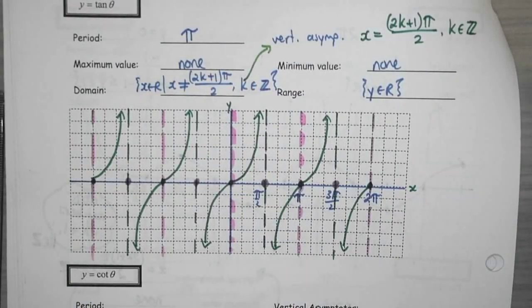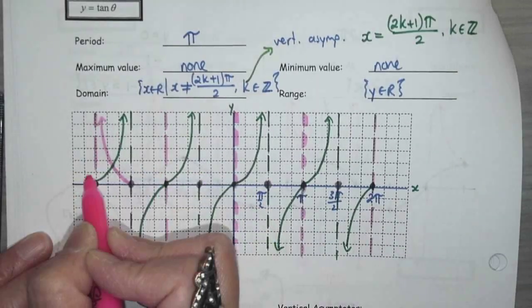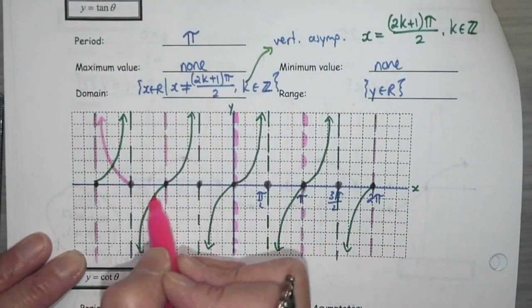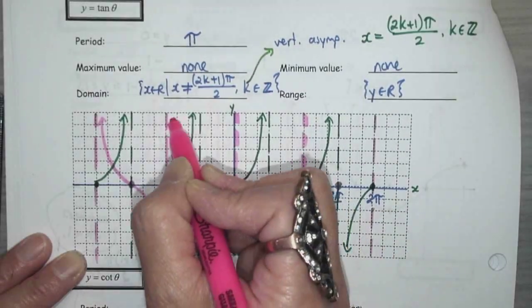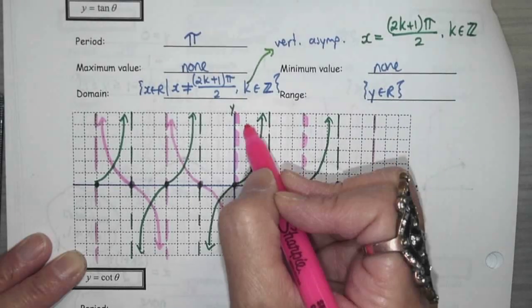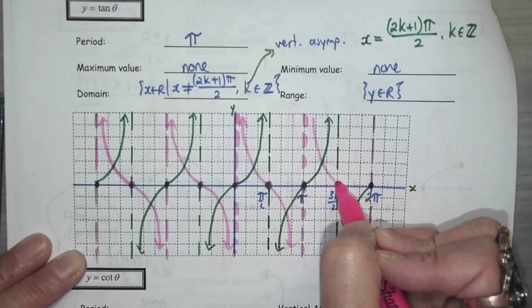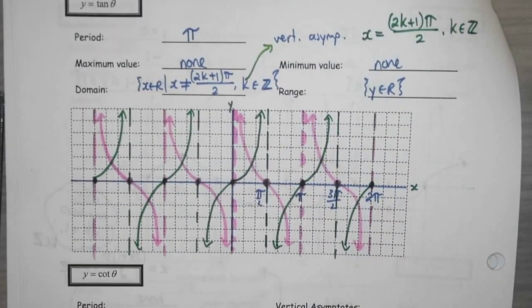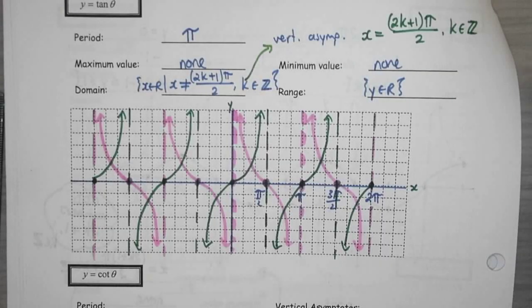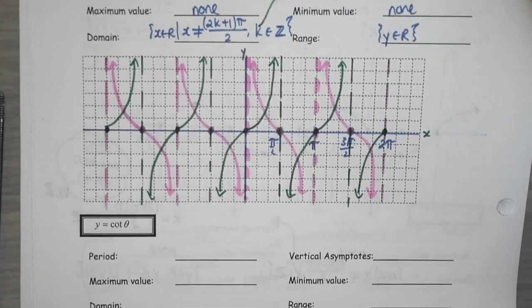Where it's increasing, it's decreasing, and where it's decreasing, it's increasing. So again, overlap, overlap, that's it. Now that's gorgeous. So pretty. And that's everything, and we just want to answer the questions.